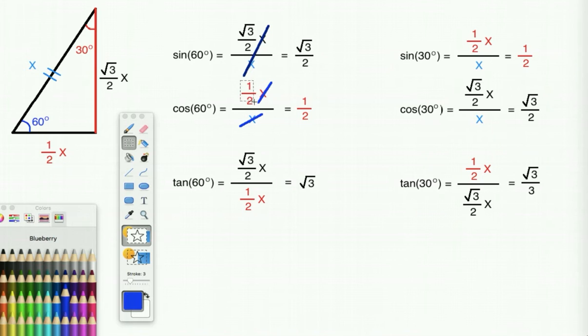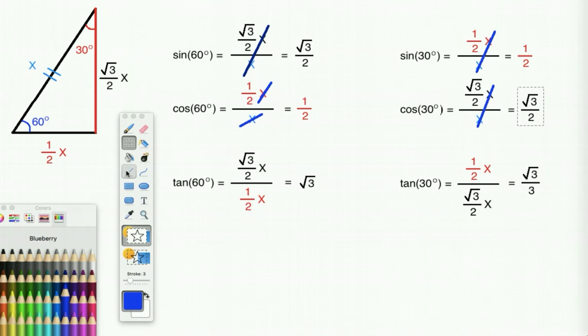So then you're just left with 1/2 times 1, which is equal to 1/2. The same sort of thing is happening over here. This x and this x cancel out. This x and this x cancel out. So you're left with 1/2 here and 3/2 here.